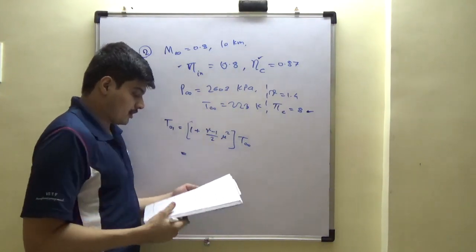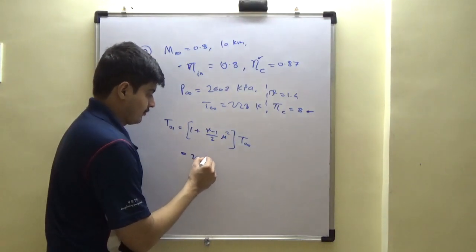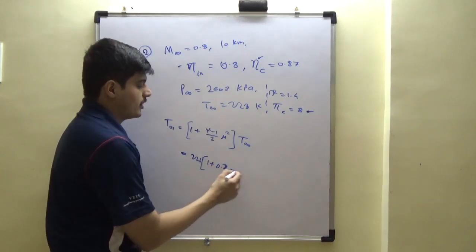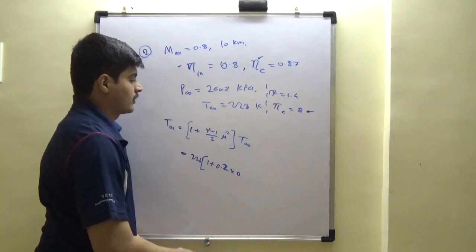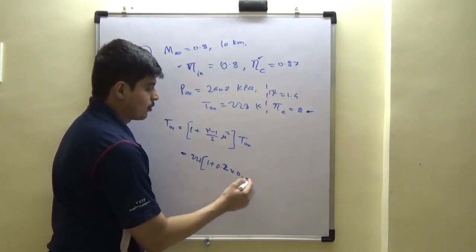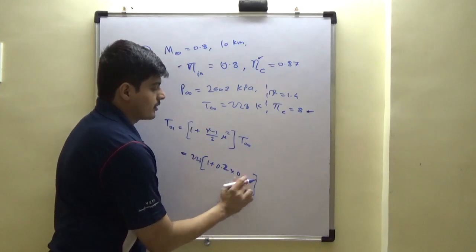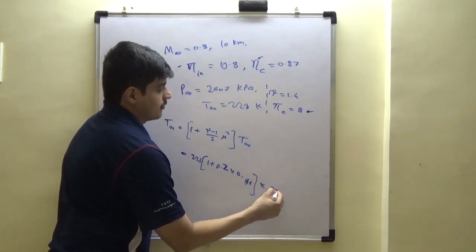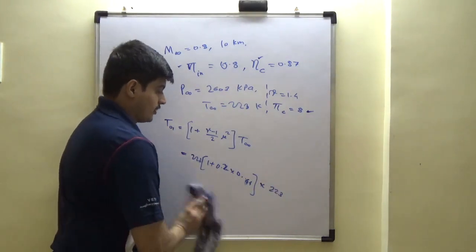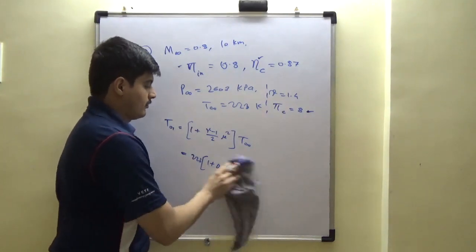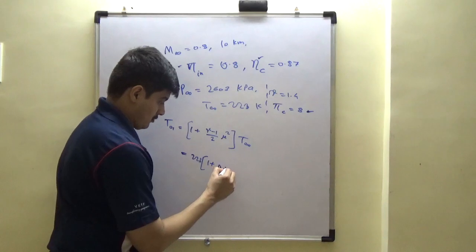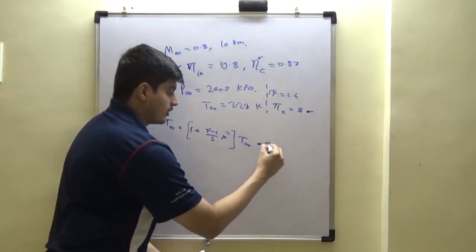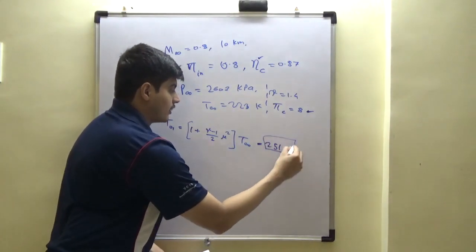So, if I substitute the numbers, 0.2 times 0.8, right? 1.4 minus 1 is 0.4, by 2 is 0.2. 0.8 square is 0.64 times T infinity, which is 223. We have already taken it here, right? So this is 1.128. On multiplication, you would get this 251 Kelvin.